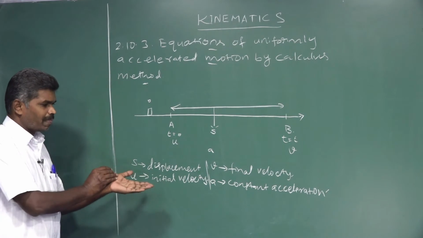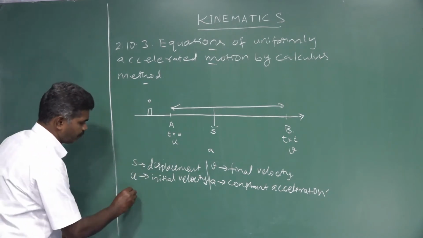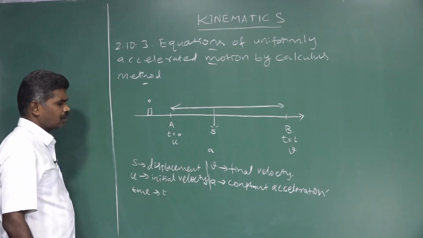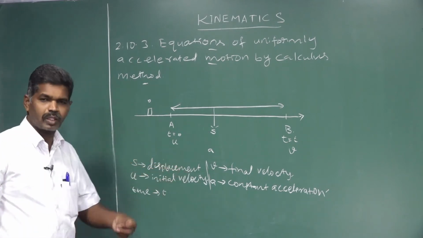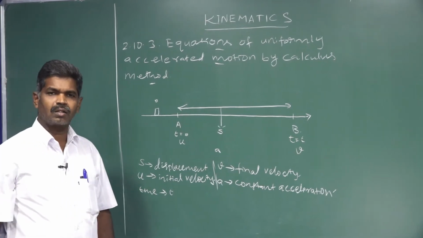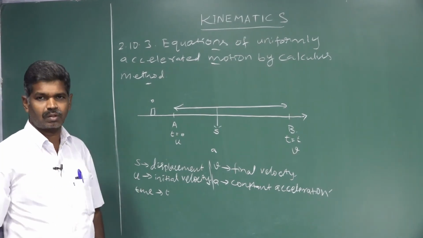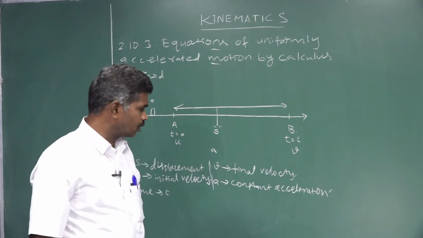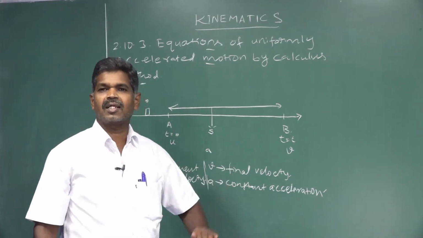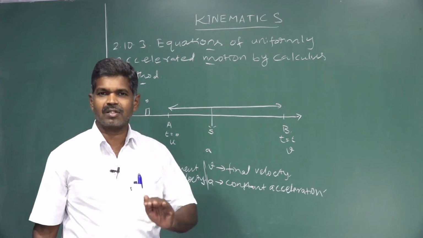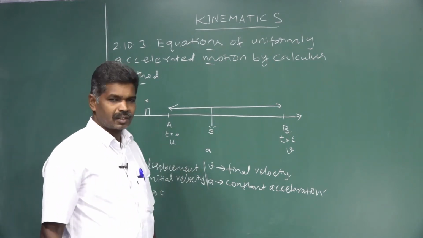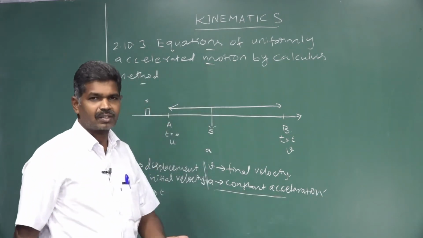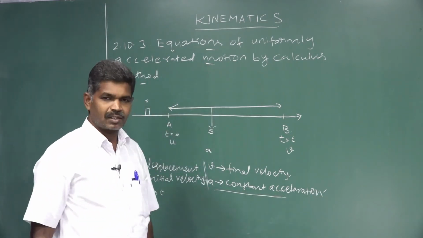And we have the independent factor, time, which may be represented as t. These all factors are going to relate and give the equations of motion. But for deriving the equations of motion, the acceleration should be taken as constant acceleration. So that's why we are mentioning constant acceleration, otherwise called uniform acceleration.